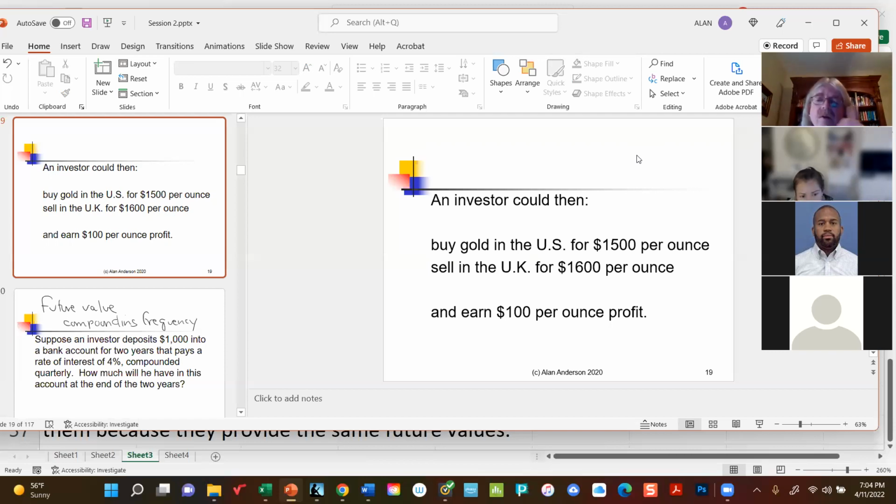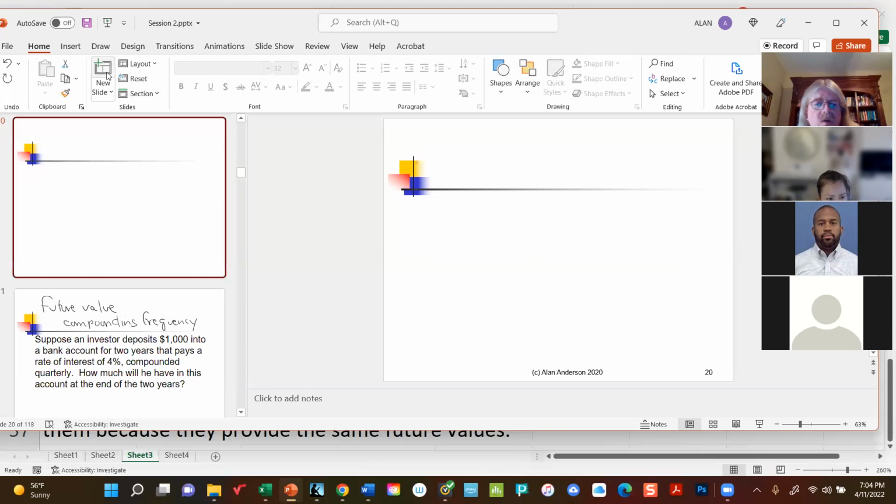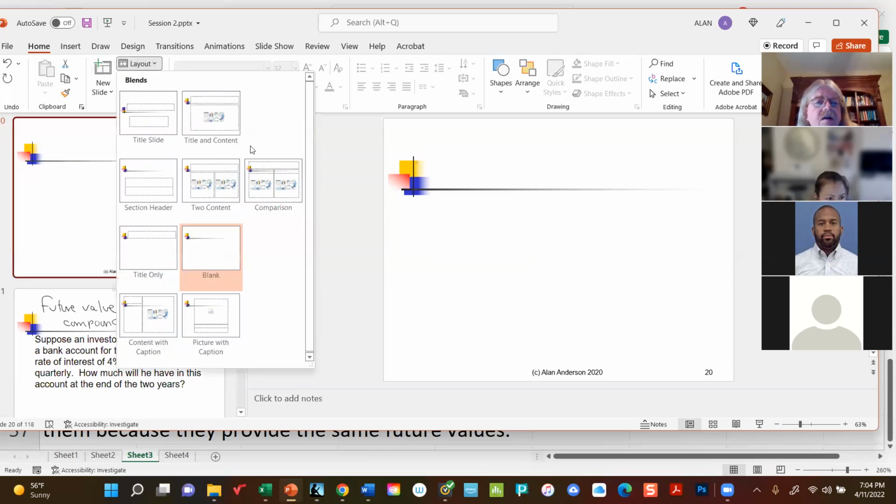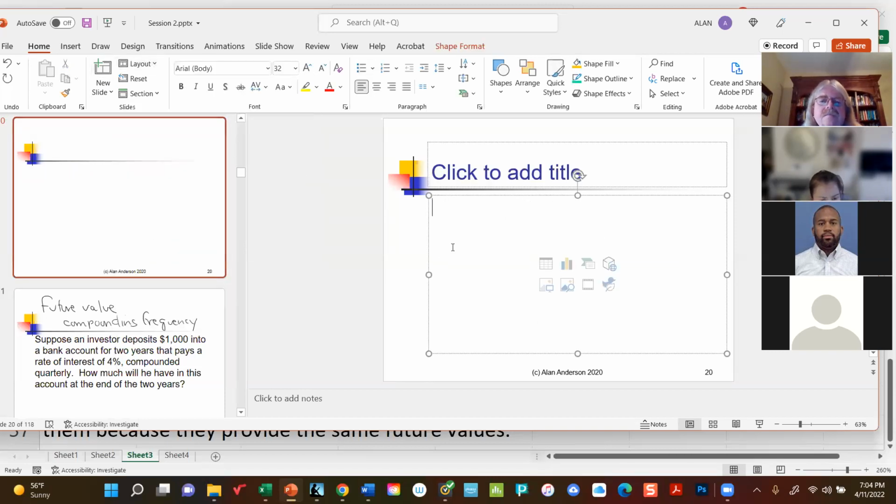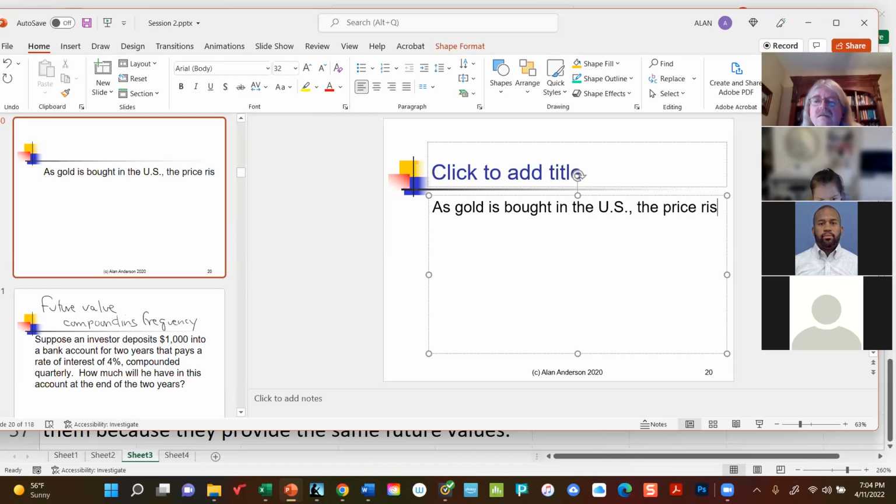And by doing so, by the way, I just want to follow this up. Can this go on forever? No. What's going to happen if investors start doing this? Well, in the process of buying gold in the US, the price rises.